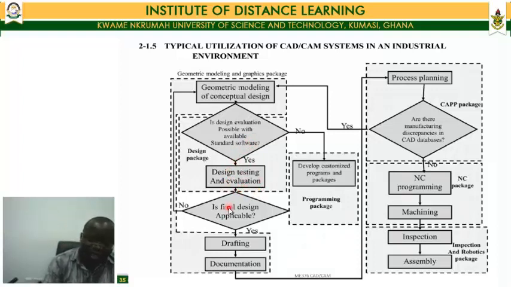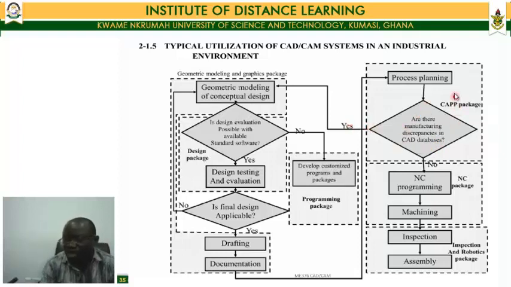Now, if our final design is applicable, we'll go ahead and produce our drafting, that is part drawings, and make the documentation, and we are ready for manufacturing, where we will take it to process planning, and with the use of some CAP packages, that's computer-aided process planning packages, they check whether in this particular drawing or model there are no manufacturing discrepancies in the CAD database.